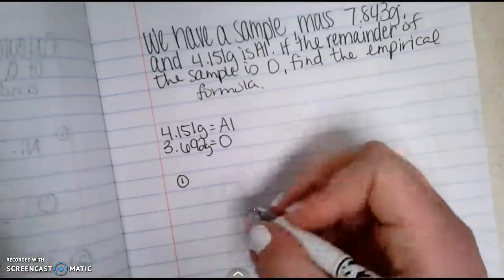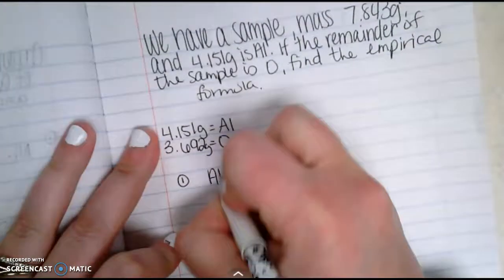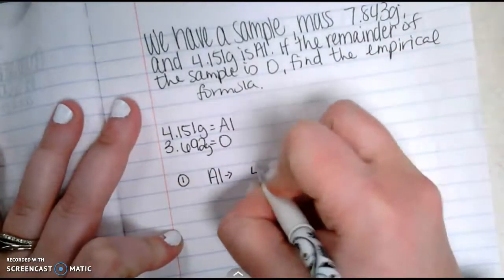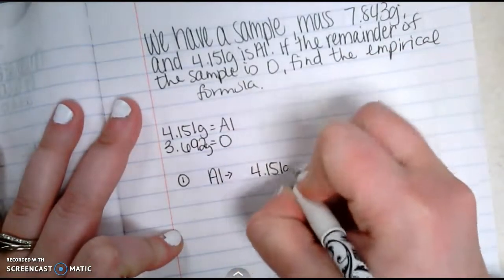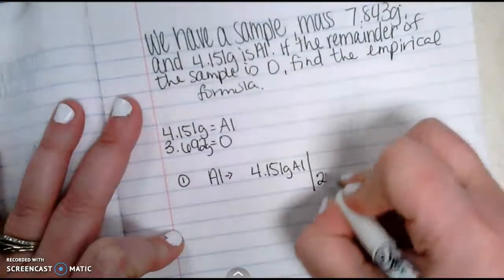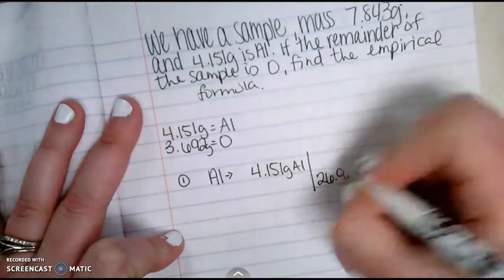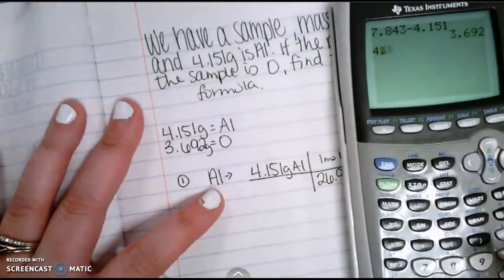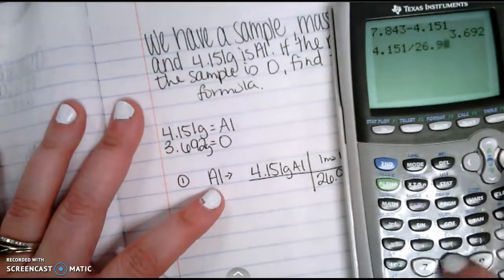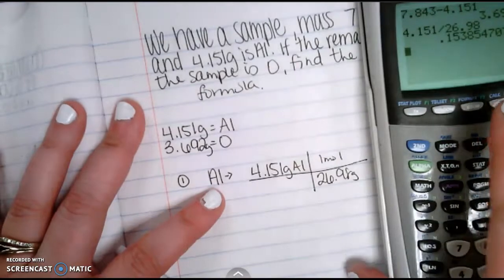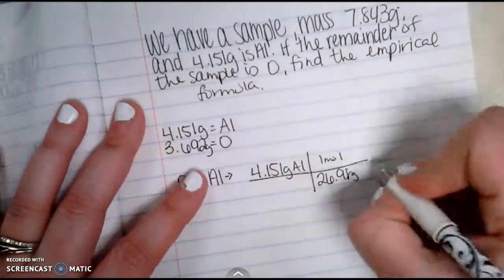So I'm going to take my aluminum, and I know I have 4.151 grams of aluminum. Looking at the periodic table, 26.98 grams of aluminum is 1 mole. So I'm going to put that into my calculator, and that gives me 0.1539.